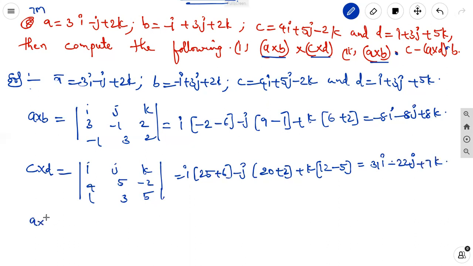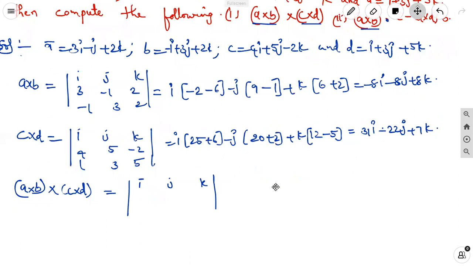Next, A cross B cross C cross D equal to determinant i, j, k. A cross B is minus 8, minus 8, 8. C cross D is 31, minus 22, 7.